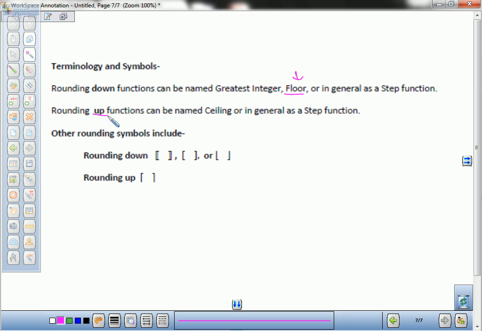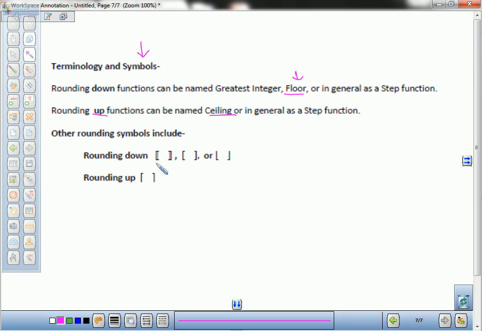And then I wrote rounding down again instead of rounding up. And then this should say ceiling. And then I didn't spell symbols right. I'm pretty sure I would have had to work hard to mess that up anymore.